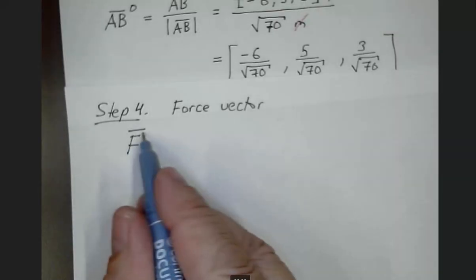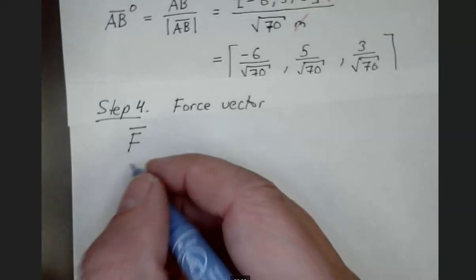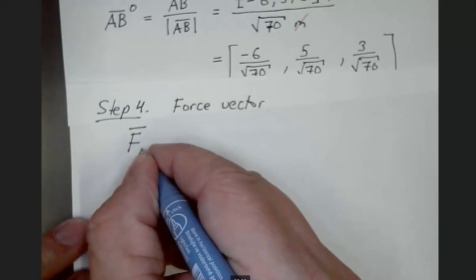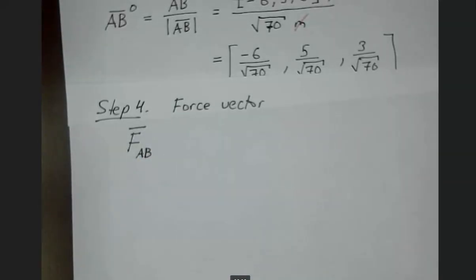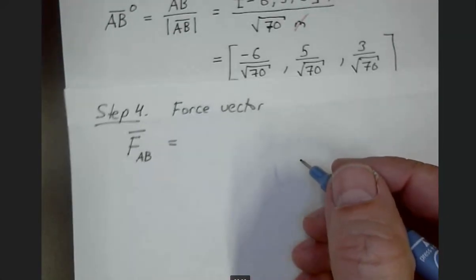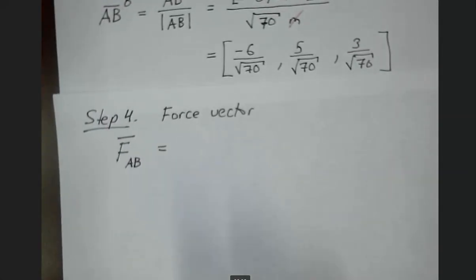I usually mostly use this simple line there, and because this is a force vector which has a direction of AB, I will write AB here as a subscript. And this we will get by multiplying the magnitude of this vector by the unit vector in this direction AB.